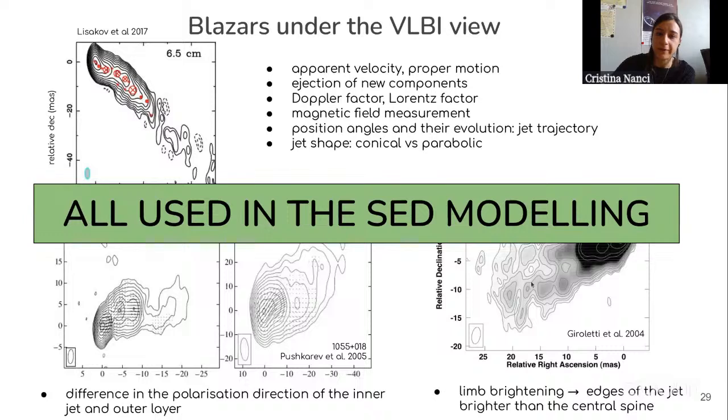All this information is crucial to set the models for the SED modeling, so we can break the degeneracy between all the parameters that we have in the SED modeling. And for this reason, VLBI observations are very important for the study of blazars.